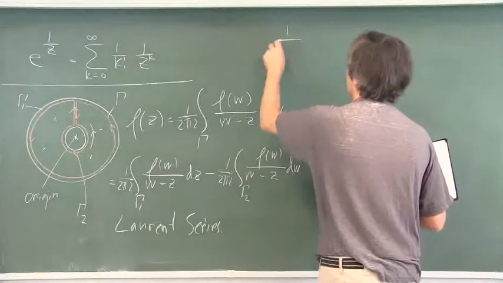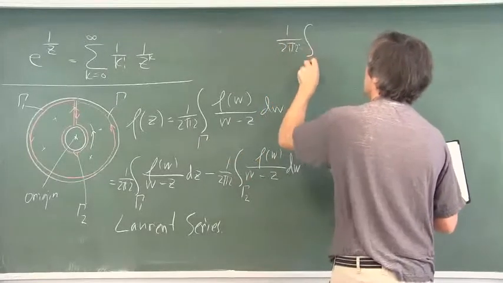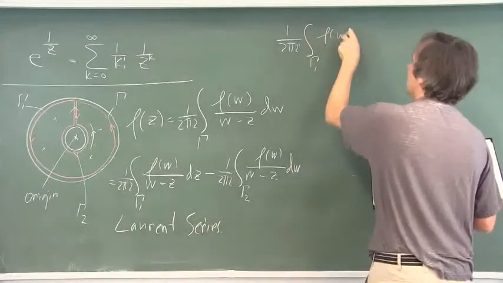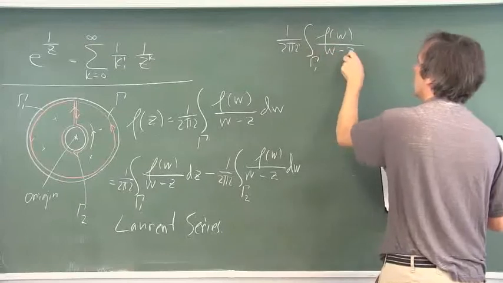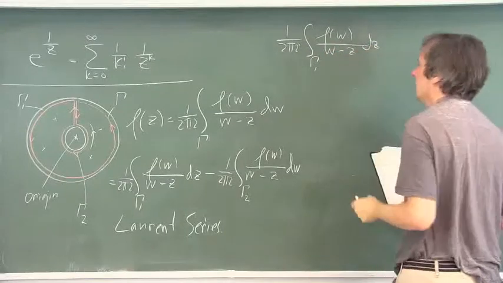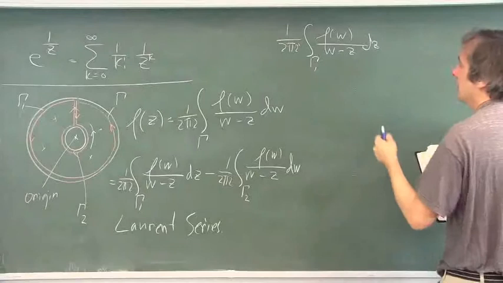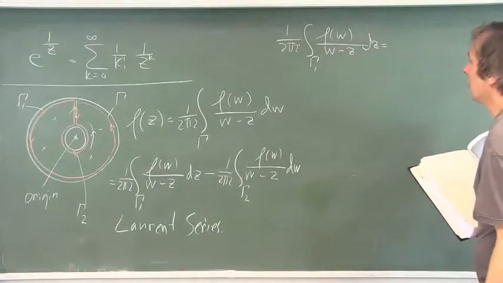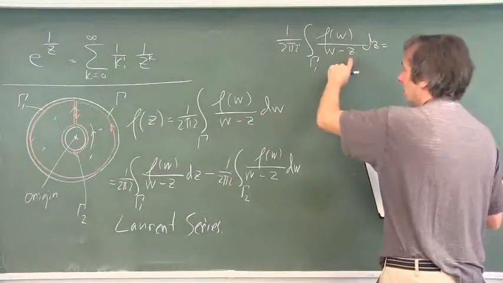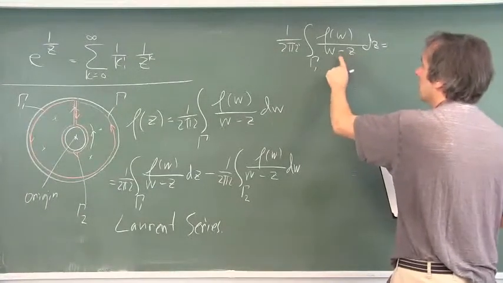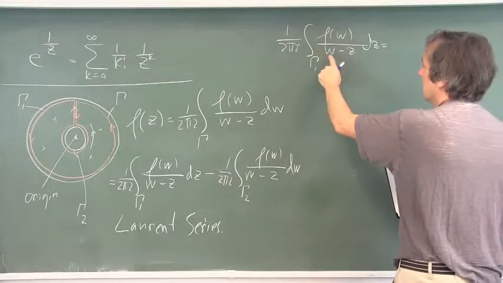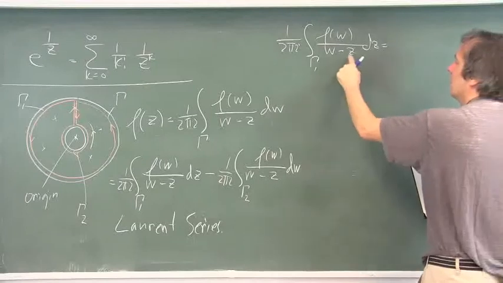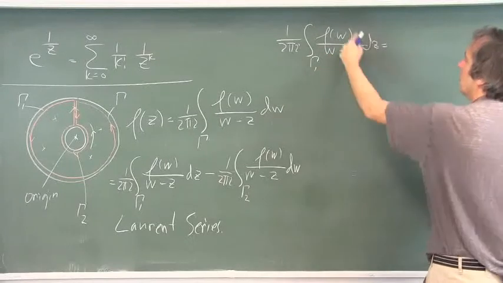Let's start here now with 1 over 2 pi i, the integral over gamma 1 of f of w divided by w minus z dw. And then, just as in the case of ordinary power series expansion, we start by extracting, in this case, 1 over w from this expression.